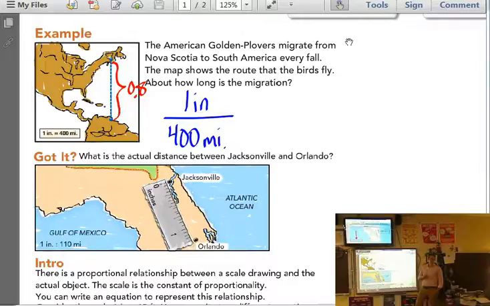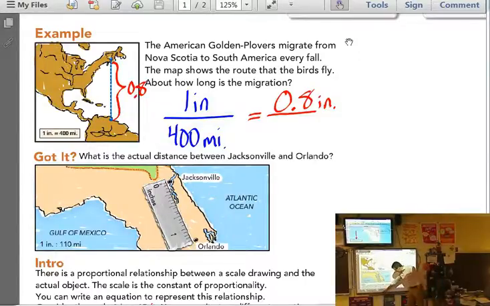Since I measured the inches of my drawing, where should that 8/10 go? It goes on top, or wherever you put the 1 inch. Wherever you put your inches, that's where our measured inches go. Then we don't know our denominator, but I sure can solve it. Here's what's really easy about a lot of scale factors. If they relate to a 1, what happens when I cross multiply my unknown distance with 1?